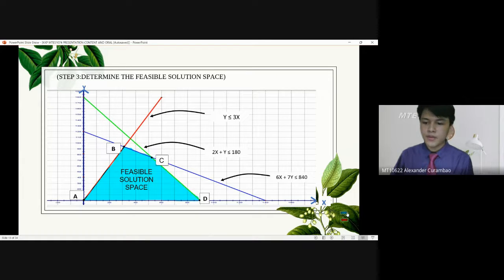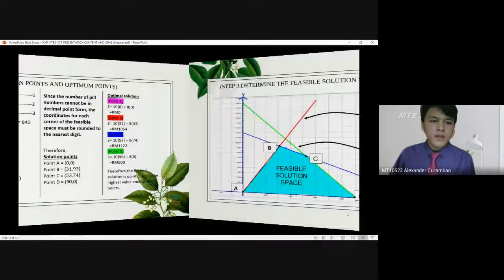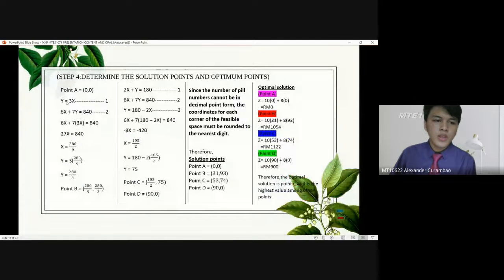As you can see here, the first equation is y equal to 3x. The second equation is 6x plus 7y equal to 840. So we substitute the first equation into the second one, and we get 6x plus 7 times 3x equal to 840. Then if we multiply this, we get 21x. Then 21 plus 6 is 27, so 27x equal to 840.